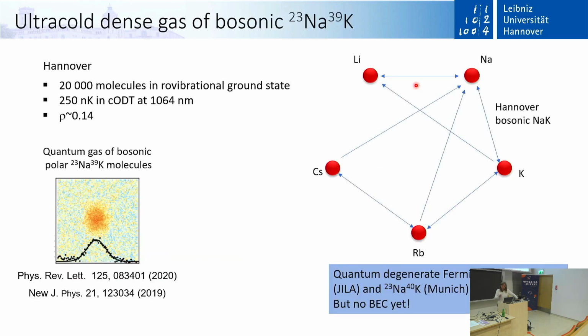Okay, as I said, we are still about an order of magnitude away from being quantum degenerate, with a phase-space density of 0.14. And we are now interested in bridging this one order of magnitude by means of evaporative or sympathetic cooling of the gas. However, as you know, collisions between almost all the bialkali molecules are really nasty and induce strong inelastic losses.